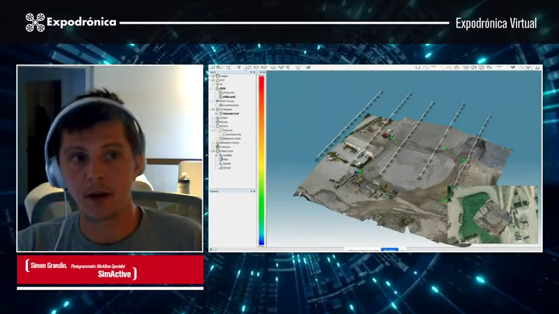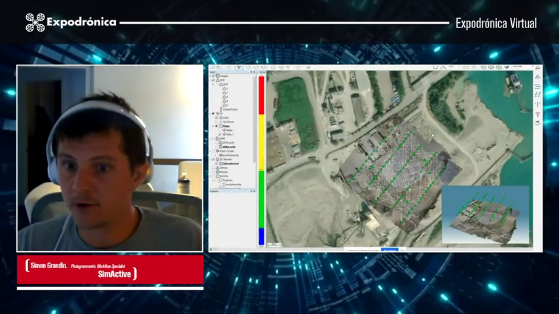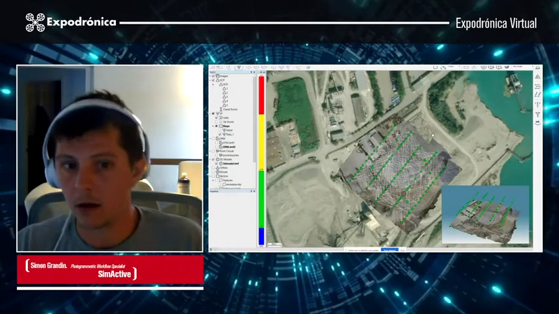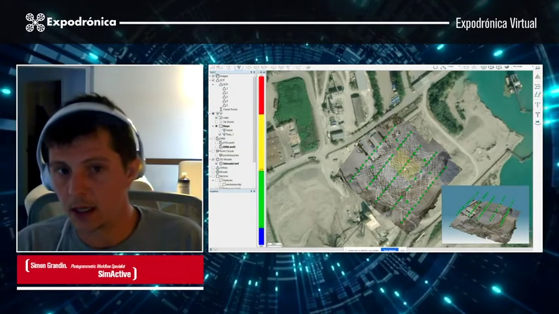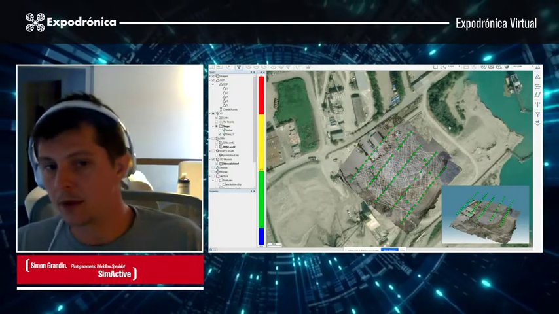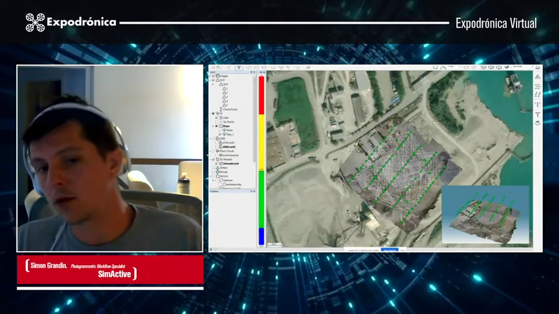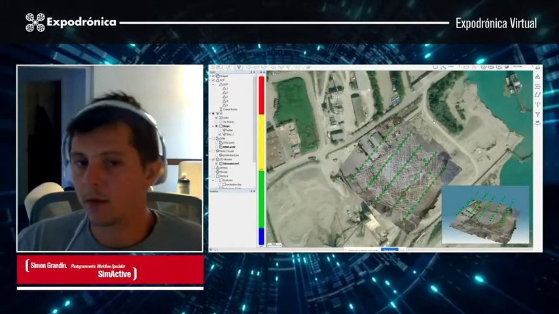We have first of all the aerotriangulation module, which consists of finding different features between the individual images. The green dots correspond to all the input images, and those little white lines here correspond to the links that the software found between the images.